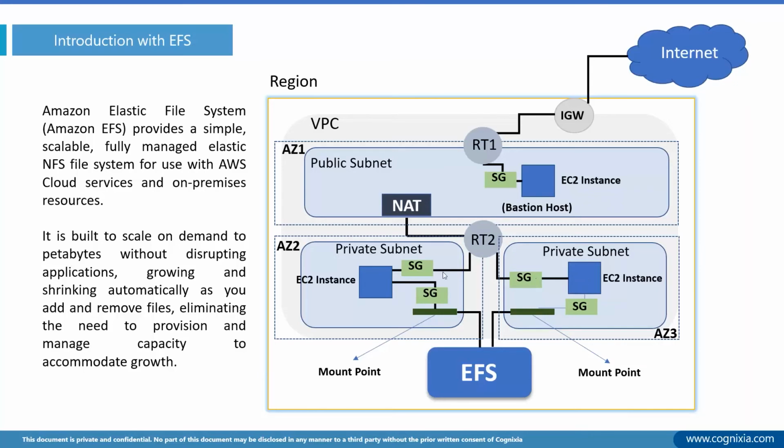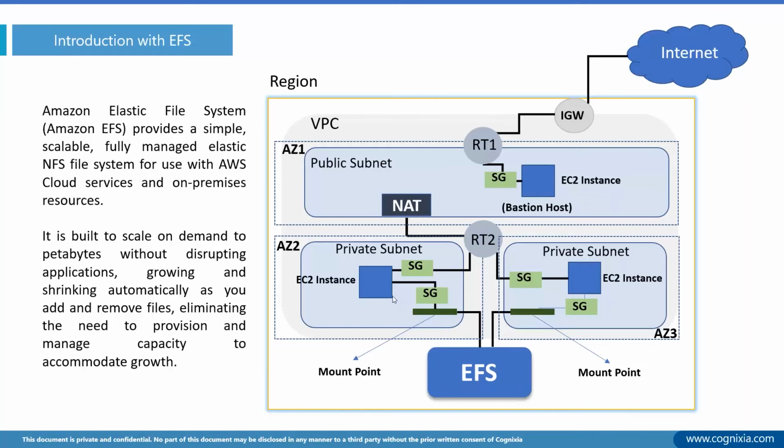For my private subnets, you can also find this EFS, which I wrote in slightly bigger font here. EFS is an Elastic File System, and it is a storage that is common for these two instances.